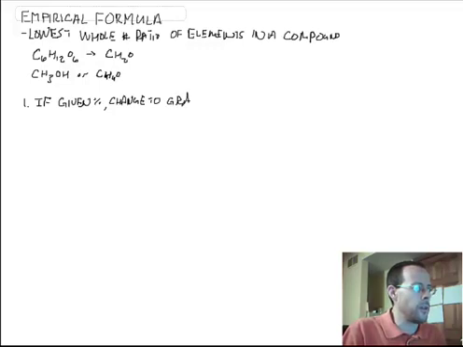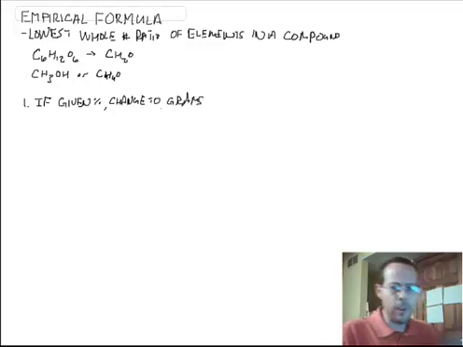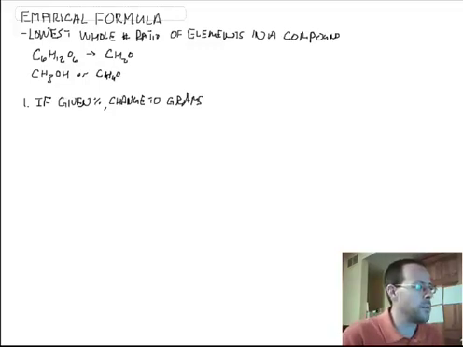So if we knew that something was 50% hydrogen and 50% oxygen, and we do that by finding percent composition, kind of like we did in a previous podcast, we could just assume that we have 100 grams of that compound. And if we have 100 grams of it, and 50% is hydrogen and 50% is oxygen, then it stands to reason that 50 grams are hydrogen and 50 grams are oxygen. Okay? So again, if given percentages, change to grams.